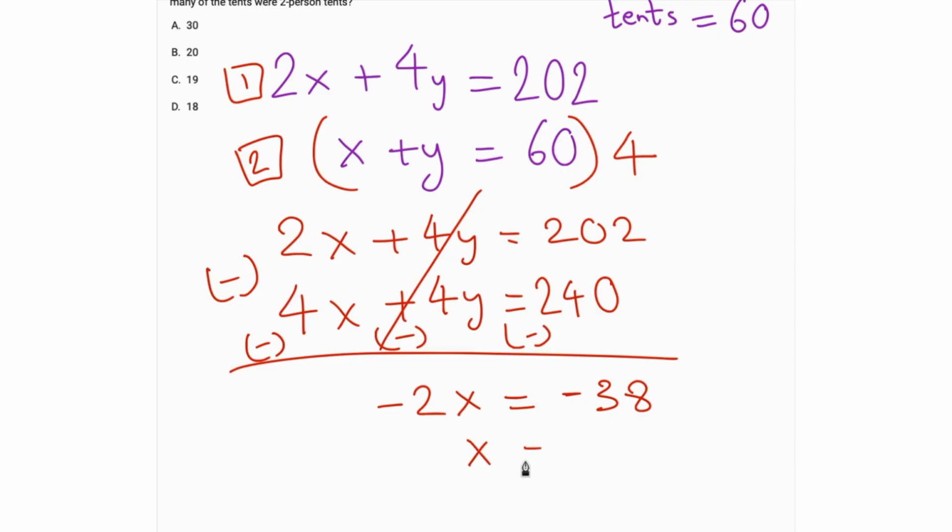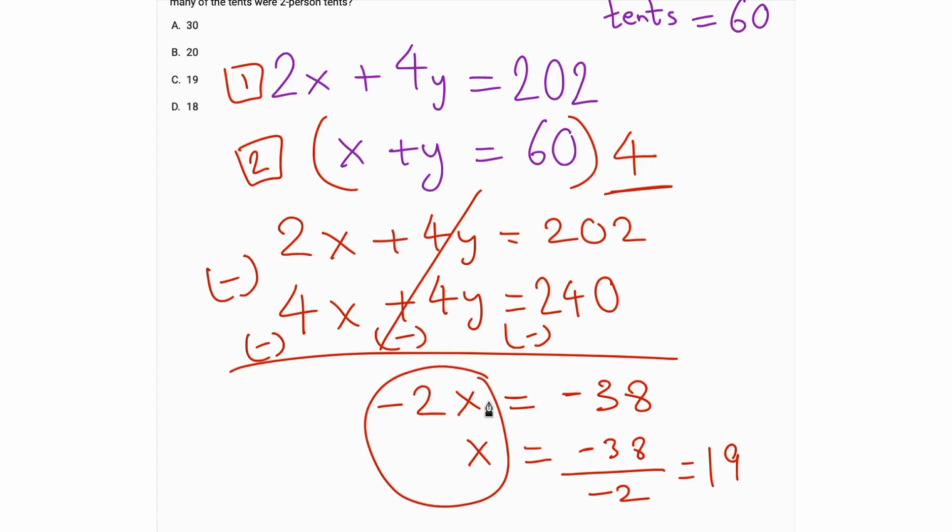So x equals negative 38 divided by negative 2, that will equal 19. So why did I say multiplying by 4 is better? Because you can just cancel y here and you directly get x, instead of the previous way where we multiplied by 2 and we canceled x first. So instead of that, you can do this directly.